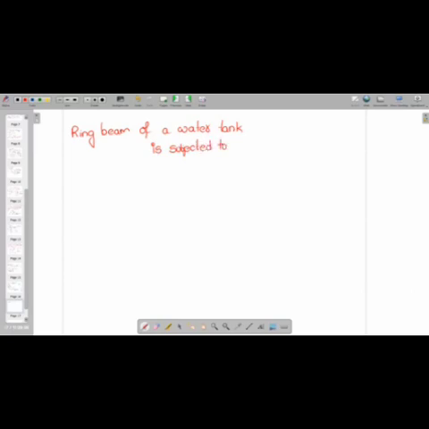It is subjected to equilibrium torsion. Now, what is equilibrium torsion? I explained it to you. If the longitudinal axes of structural members are perpendicular to each other, then the structure will be subjected to twisting. That is called torsion.